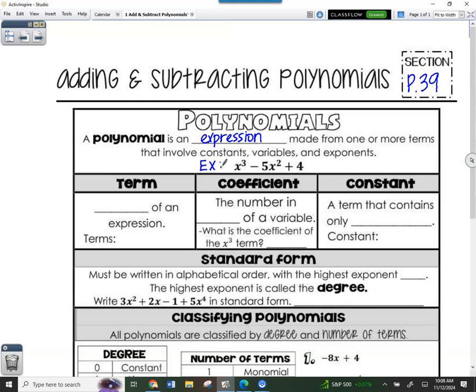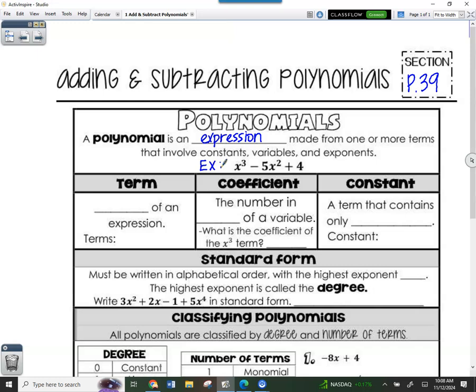As we're looking at polynomials, we're going to learn there's a couple of vocab words associated with them. You have to know the vocab words. If you don't know them, you're going to have to practice them, okay? Make flashcards or something. The vocab words that make up a polynomial are term, coefficient, constant, and variables.